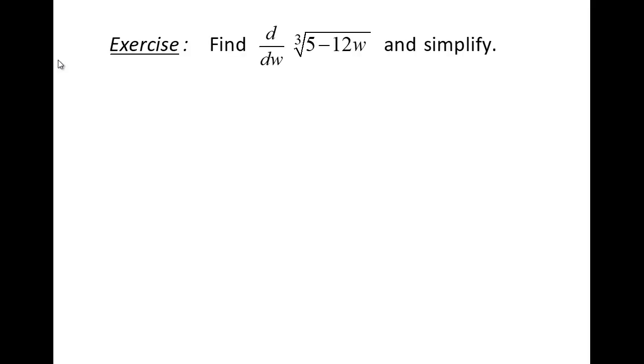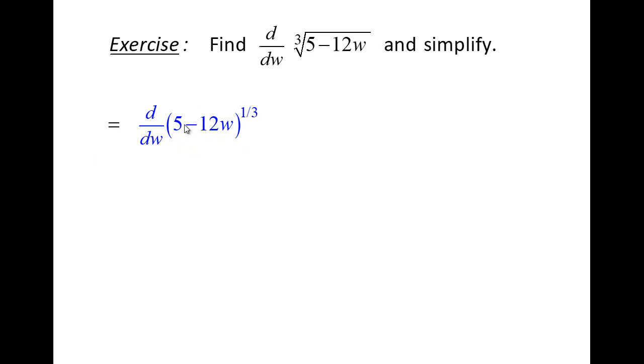So let's say now we want to find the derivative of the cube root of 5 minus 12w. The first thing I'm going to do is rewrite the function as (5 minus 12w) to the power 1/3. So cube root is the same as taking the power 1/3 here. And now we have something to the power 1/3, so we can apply the general power rule.